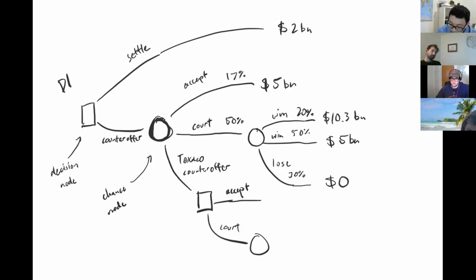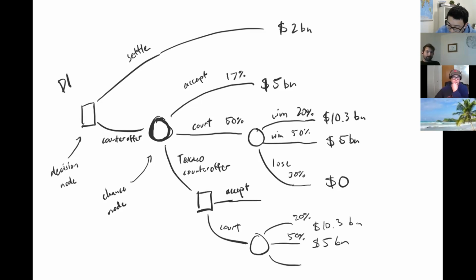And if you go to court, then you end up with the same sets of probabilities as before. So 20%, 10.3 billion, 50%, 5 billion, and 30%, 0.